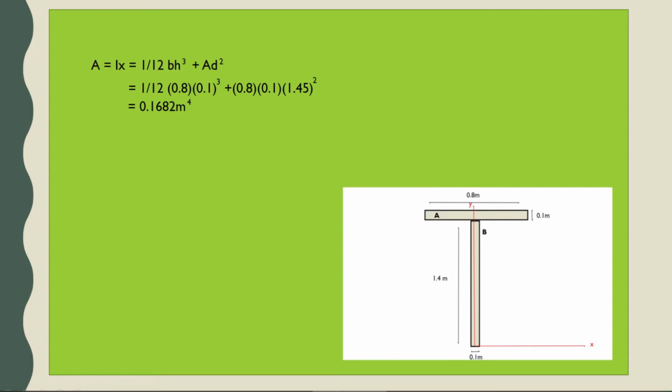We put the values into the formula and we will get 0.1682 meter to the power of 4.